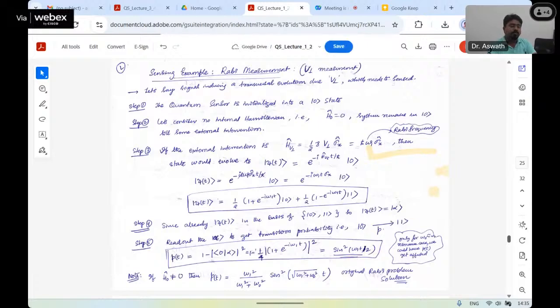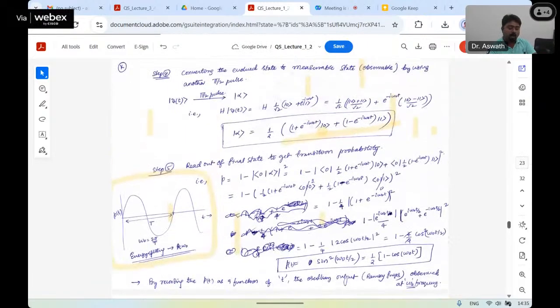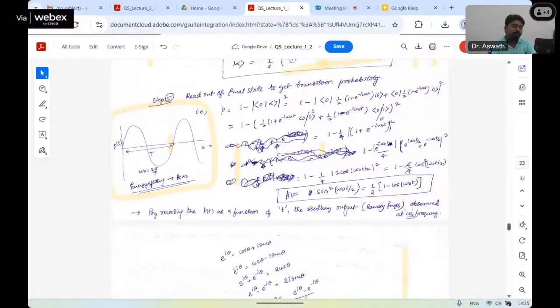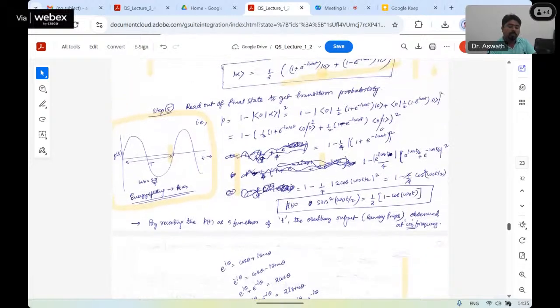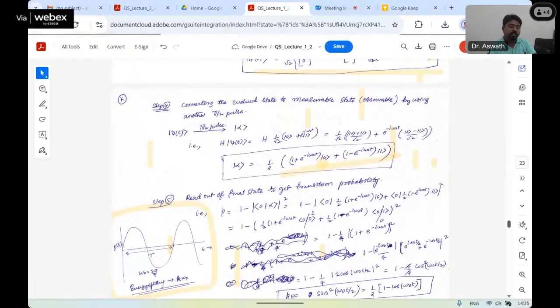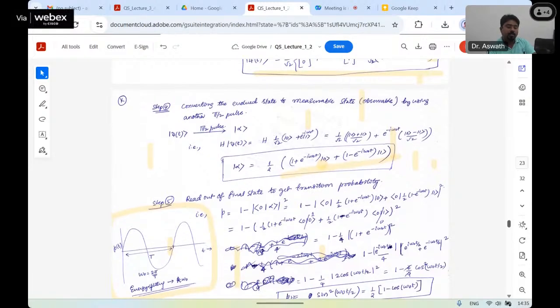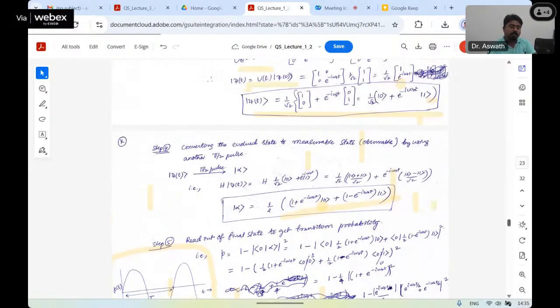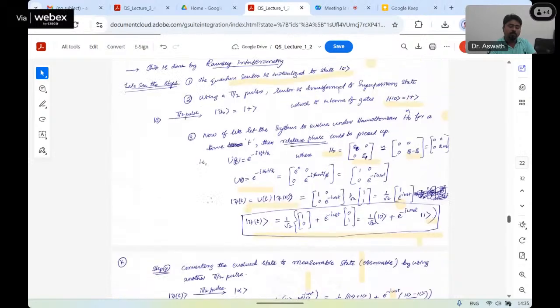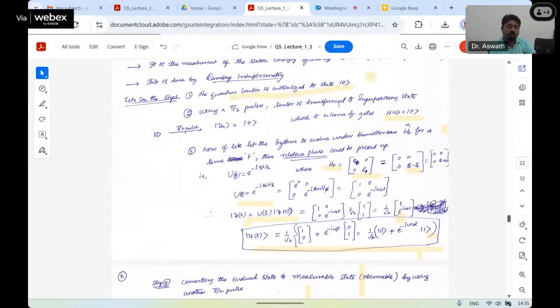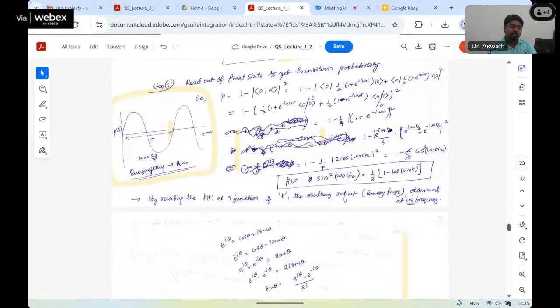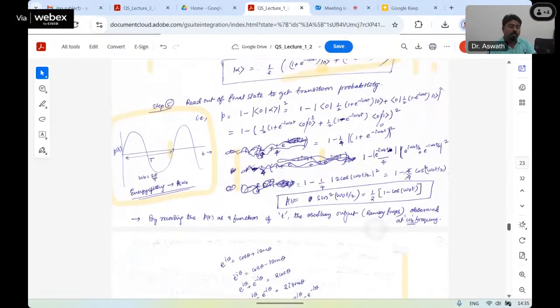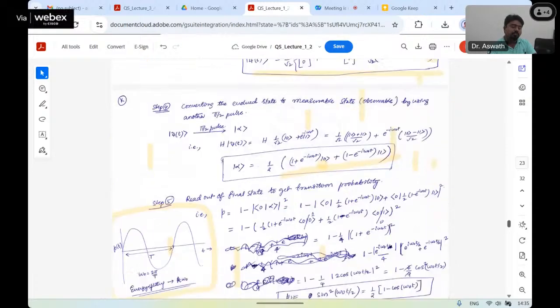Now the difference from the previous case is the angular frequency omega. In the previous case, the omega is dictated by the energy separation of the qubit itself, H omega naught. That is the frequency of this probability in the Ramsey measurement.